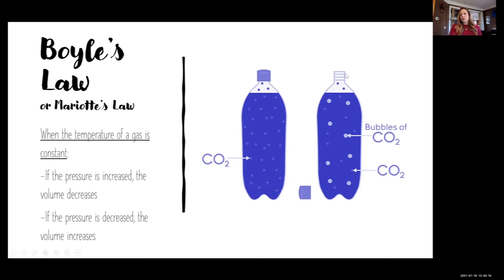So the lid's keeping the pressure in, right? And when you take the lid off, you've now allowed the pressure to decrease. So everything in here can kind of relax. And when you do that, the first thing you see is bubbles. And that is because the volume of your gas is now increased. It's the same number of particles, but now they're taking up more space, and you can see them in the form of bubbles.